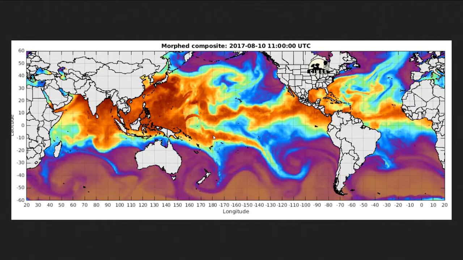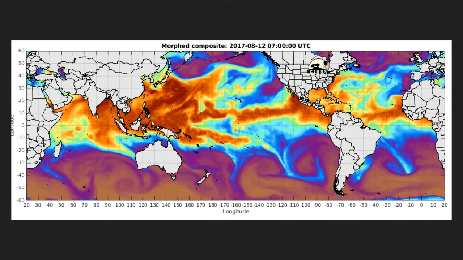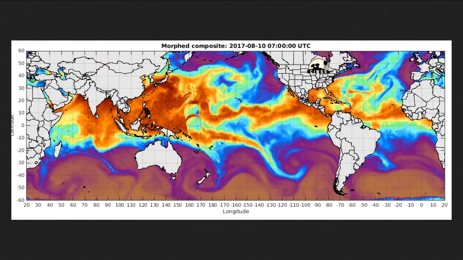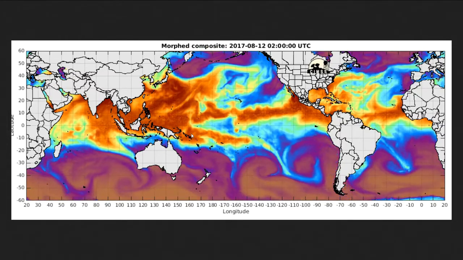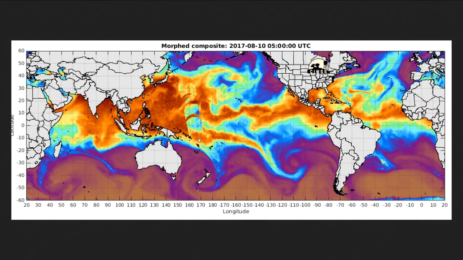So that kind of data gap that I just talked about can be seen right here. See that data gap there? That might be explained by these morphing winds that introduce areas in this area right here that can't be covered.